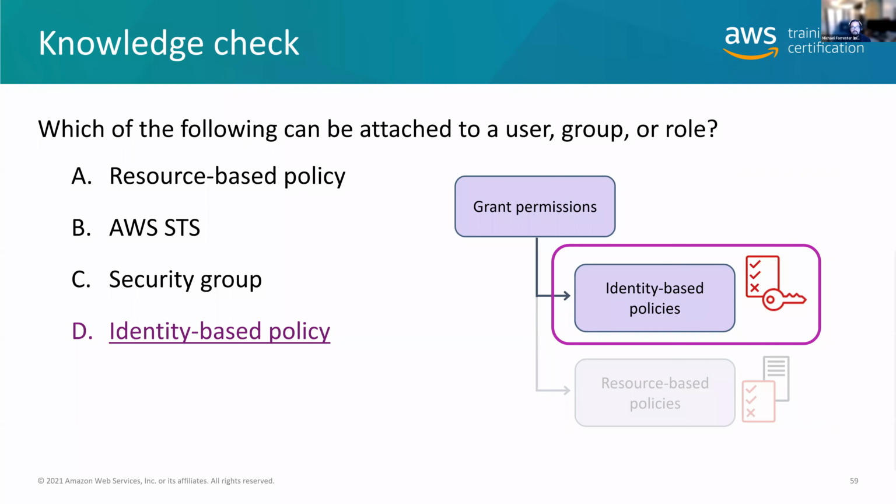Good, identity-based policies, right? Resource-based policies can only be attached to services. STS cannot be attached to anything. It's a secure token service. And security groups are stateful firewalls that are always attached to a network card, usually inside of an operating system like an EC2 virtual machine.